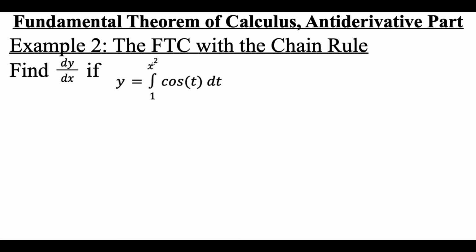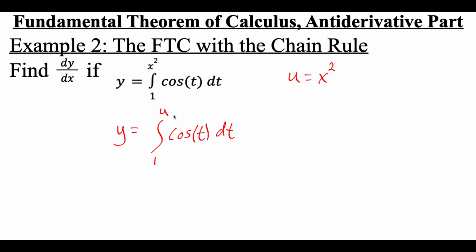So we can actually think about our y as being a composite. If we introduce some new variable, let's use u to represent x squared, then we can really look at this y equation as being that integral of cosine of t dt from 1 to u, but because we're thinking about this as being a composite, we must apply the chain rule.